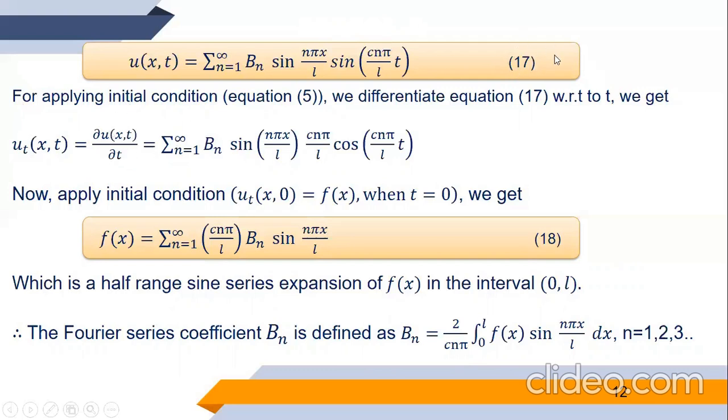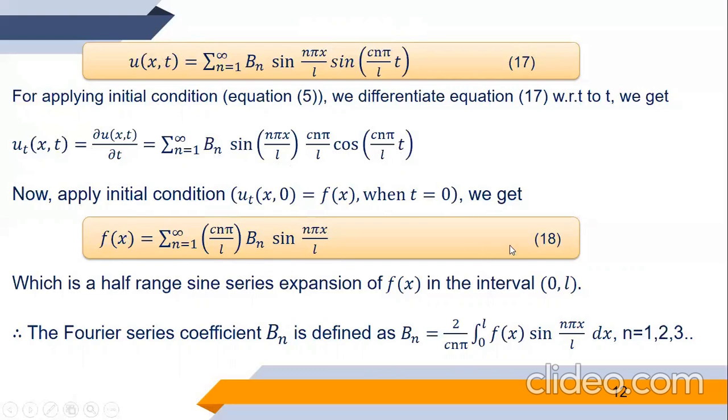So differentiating equation 17 with respect to t, we get summation n is 1 to infinity bn sin(nπx/L) into cnπ/L, cos(cnπt/L). Now we apply u_t(x,0) = f(x) when t is equal to 0. So we get f(x) = summation n is 1 to infinity (cnπ/L) bn sin(nπx/L), because cos 0 is 1.